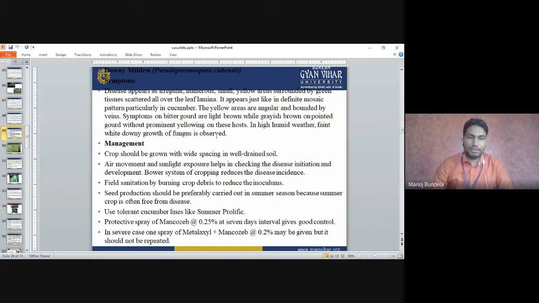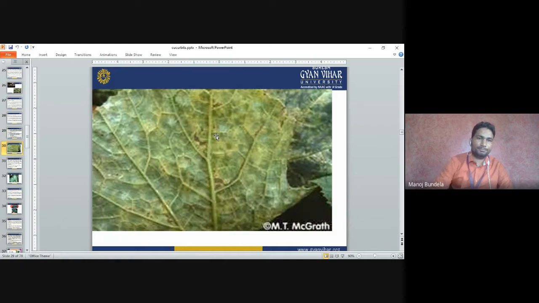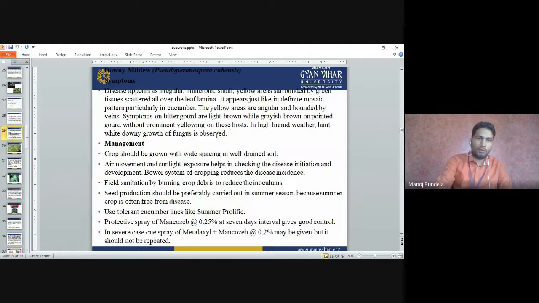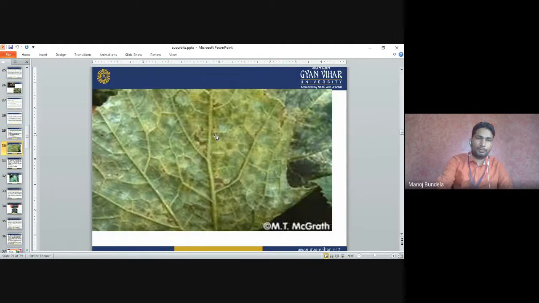In severe cases, a spray of metalaxyl or mancozeb 0.2% may be given, but it should not be repeated. In downy mildew, the growth appears on the lower surface. In powdery mildew, the white lesions appear on the upper surface.